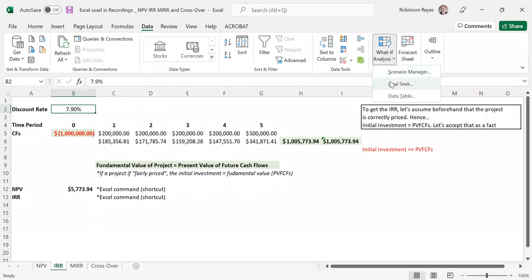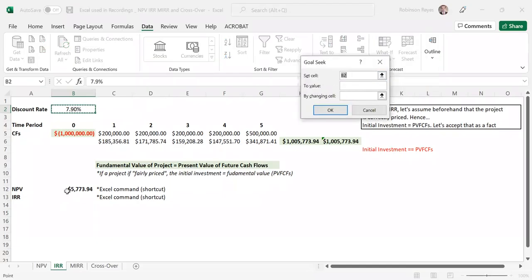Rather than doing this ourselves, we can have Excel do it. What-if analysis, goal seek, and then we want to set this cell. When the initial investment is equal to the present value of future cash flows, then net present value will be zero.